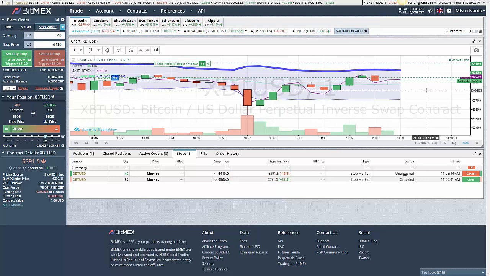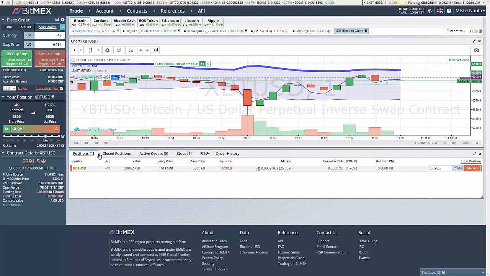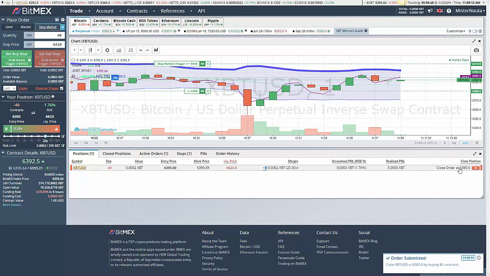So I came here from my position and I put 6380 close. Now if the price touches this line here, it will close on profit. If it touches this line here, it will close on loss, in my stop loss, right? So let's see what happens.